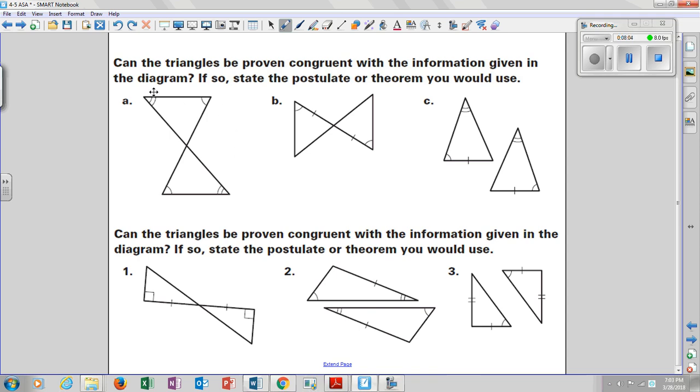Letter A, we have this angle congruent to this angle congruent to this one, and from the middle we know that those are vertical angles, which means that those are congruent to each other. But do we have an angle postulate? That answer would be no. Do we know any information about any of these sides? That information would also be no. So the answer would be no. You cannot prove that they're congruent.